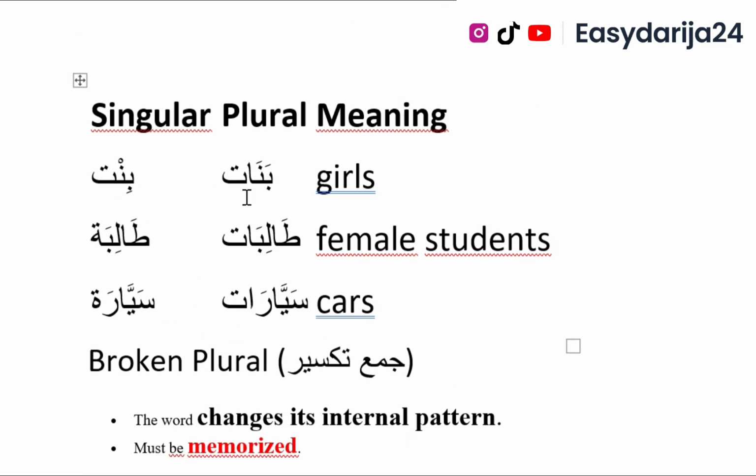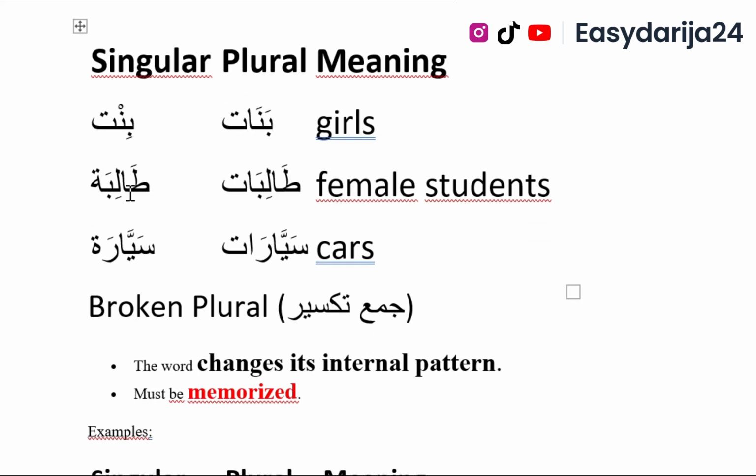Let's see this example. We have bint, banat. This is irregular. Bint doesn't have ta, so this is irregular. Banat, you have to remember it. And we have طالبة, ta marbuta at the end.